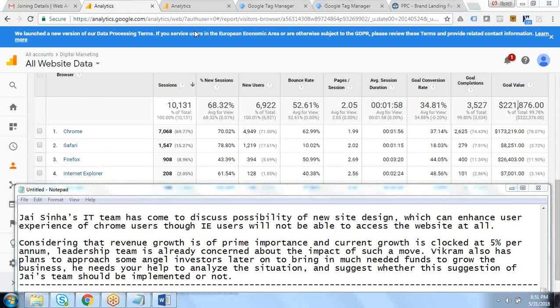So all those who are saying that yes, we should go ahead and update it, do you all understand that we will lose 3% of revenue? Currently, my growth is 5% per annum. If I take out 3% from here itself, how would it impact me?